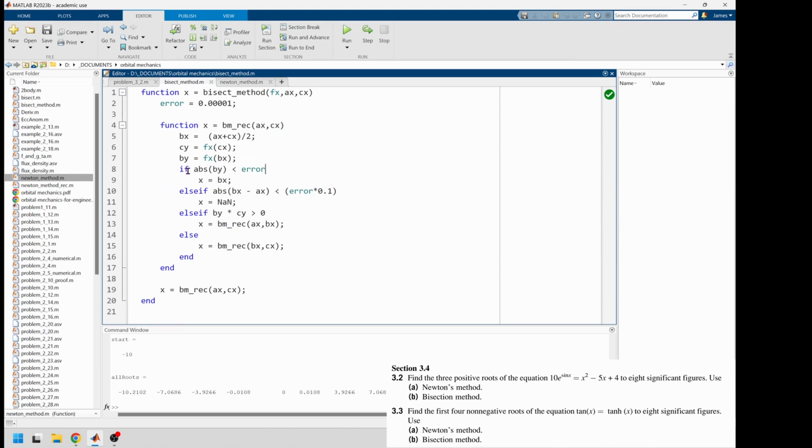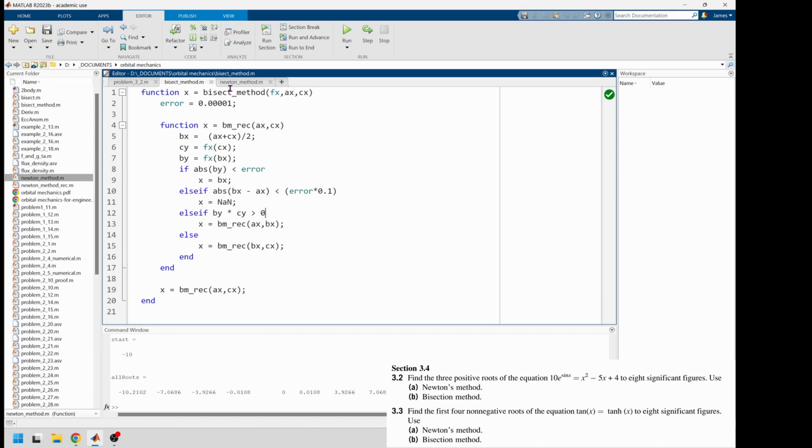First check if we've actually got a 0 or if we've got to the end of our bisection and found nothing. Else if b and c, by and cy, are on one side of the y-axis, then we'll do a and b. If we're on the other side, it'll be b and c, and then repeat until we find something.